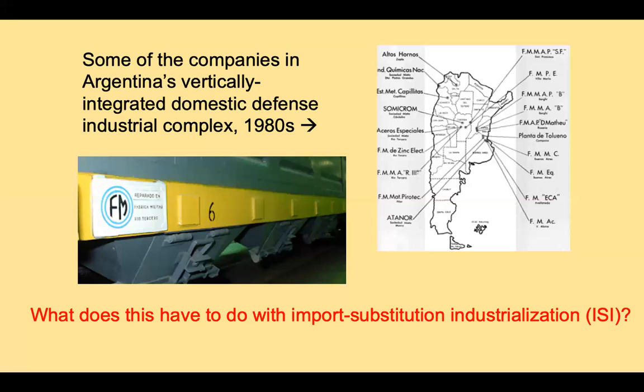But from the perspective of ISI, that's totally normal, because ISI is all about using the power and the capacity of the state to develop industries in those areas of the economy that the private sector either can't or won't develop. And so this means making that conscious policy choice, as Matt says, choosing to involve the military in the economy, in steel and petrochemicals, in defense, in all of these areas.